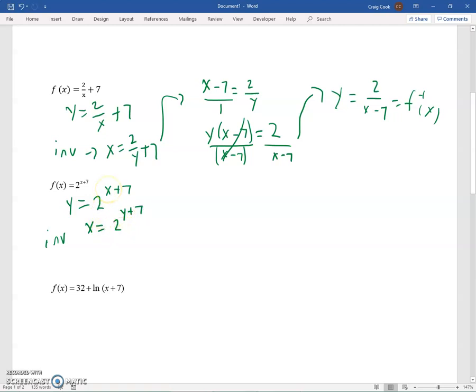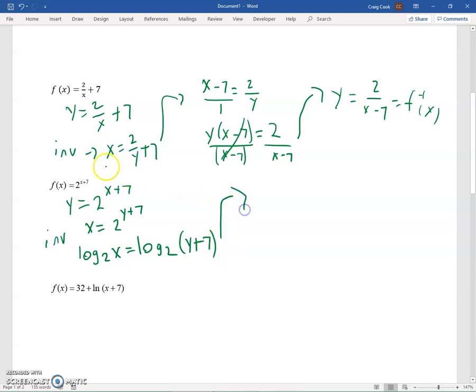Well, the y is kind of by itself, but it's as an exponent. We have to remember what we did earlier when we had an exponent. We have to take the log of it, and we're going to take the log based off of whatever number is the base of the exponent. So we're going to do log base 2 of x equals log base 2 of 2 to the y plus 7.